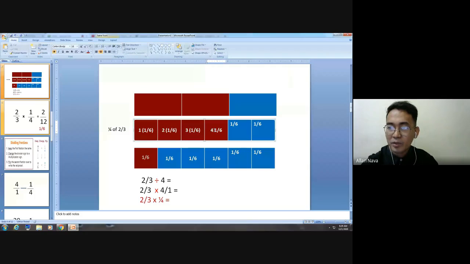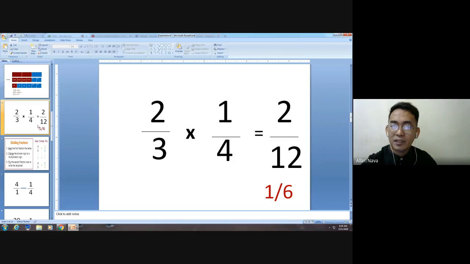Natigo 1/6 bawat parts. Kaya from 2/3, so nahati sa 4, hanapin mo ngayon yung 1/4 of 2/3. Kasi nga, into 4 parts mo siya hahatiin. So that is 1/6. Okay? There you have it.